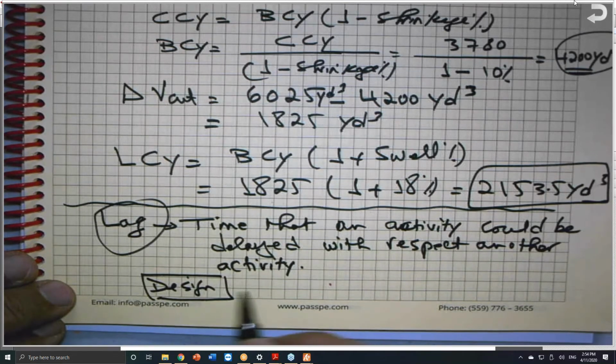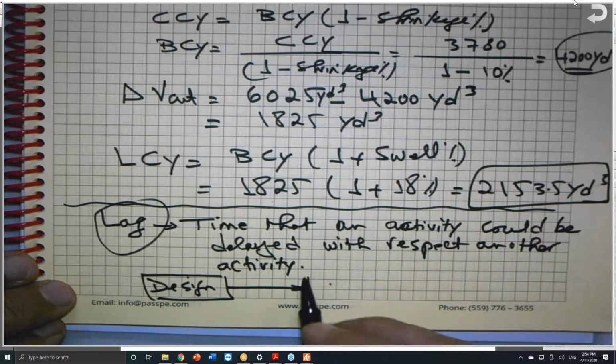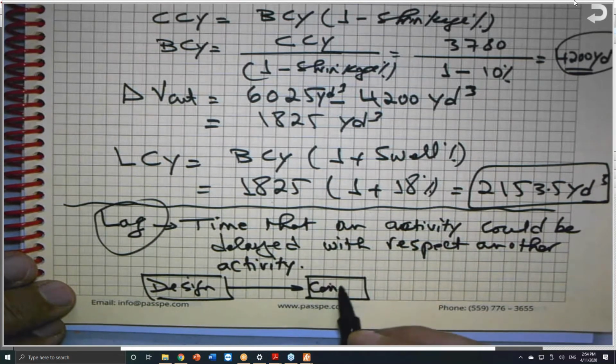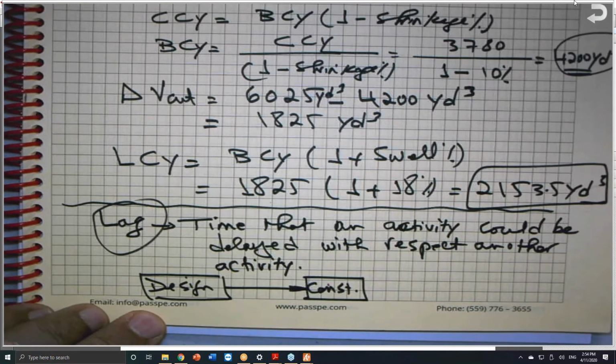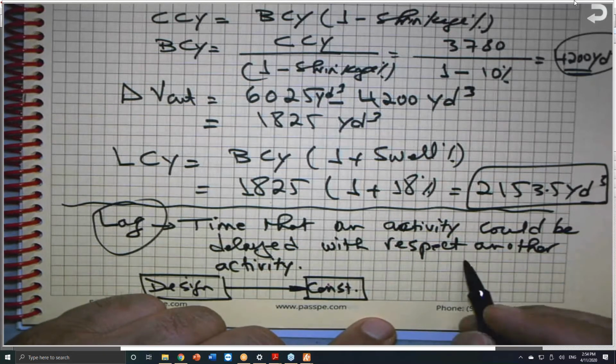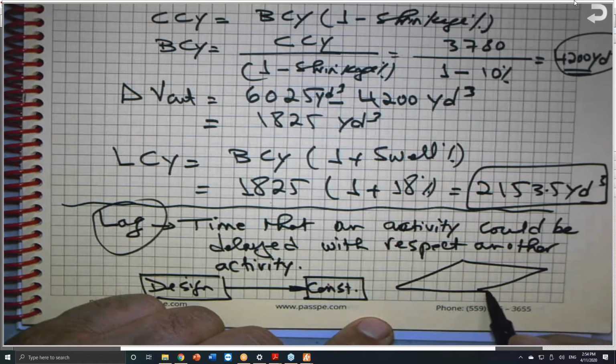Theoretically speaking, I'm supposed to go to construction, but because the environmental document, for example, is not ready, or there's some kind of public hearing or other environmental requirements, I have to wait until we get the environmental approval. So in this case, or I put the concrete slab for a house.